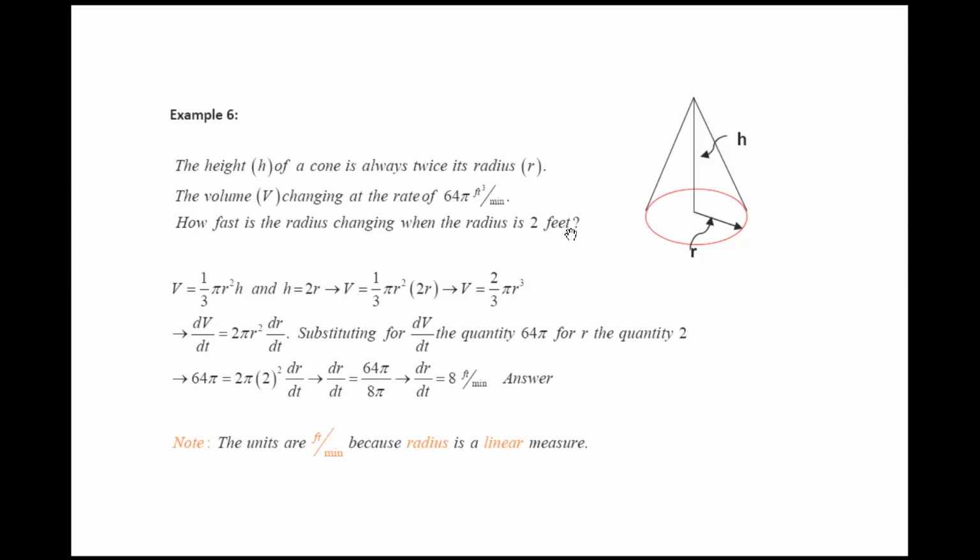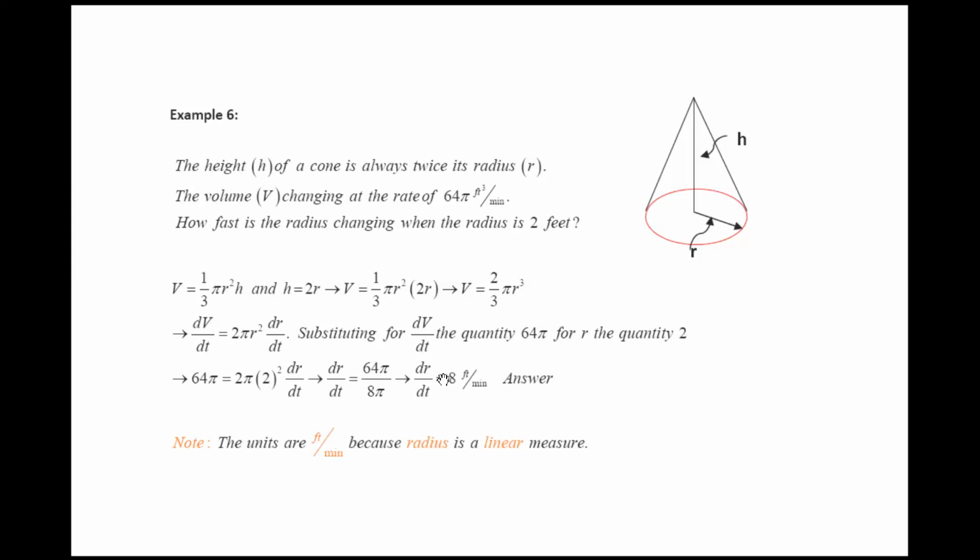And we're not putting the units. We're not putting in 2 feet, we're not putting in cubic feet per minute. You can, but we're not going to. So we put 64 pi in for the volume, and we put 2 in for the radius, and now we do the arithmetic, and we simplify, and we get dr dt is 8.